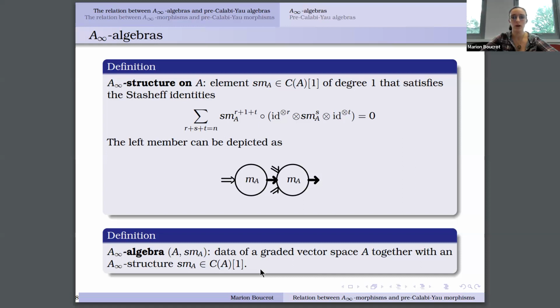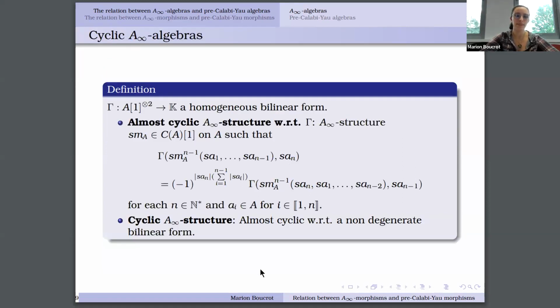I will now recall the notion of cyclic infinity algebras. If I fix a homogeneous bilinear form gamma, an almost cyclic infinity structure with respect to this bilinear form is an infinity structure that satisfies this identity.